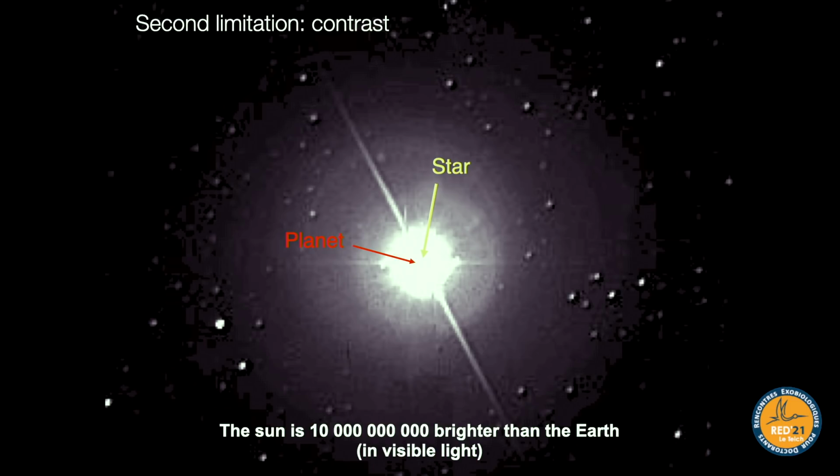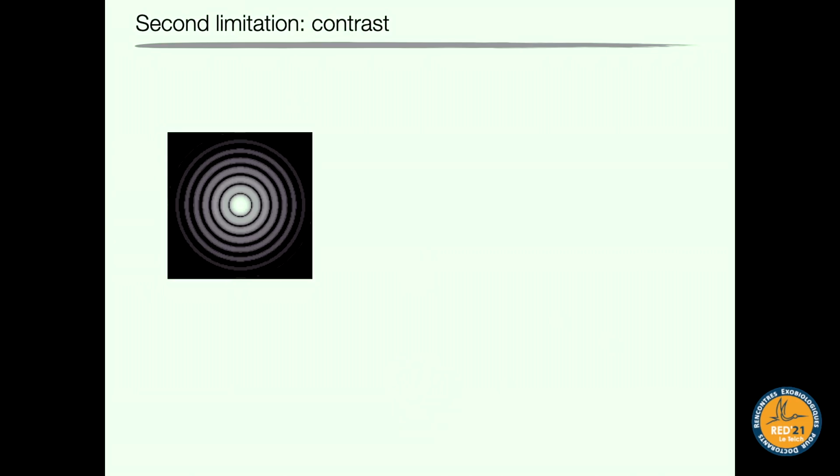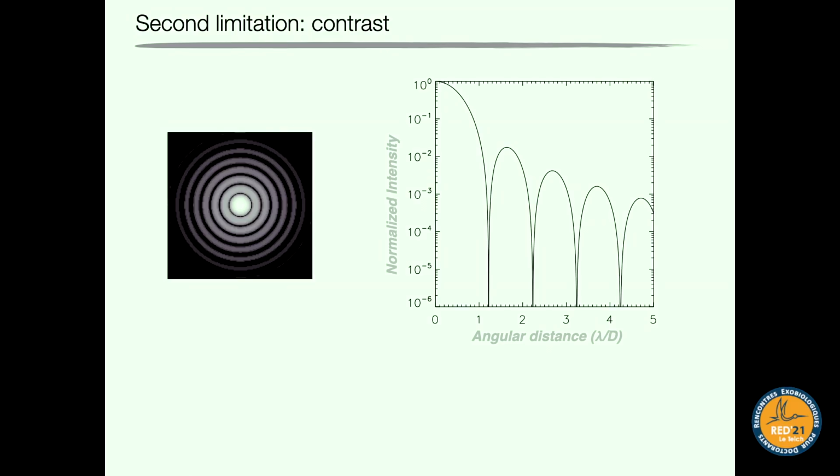And you see that the problem is that the star is so much brighter than the planet that the planet, even if it's far away enough, is going to be drowned in the diffraction light from the star. And the problem is here because if you try again to look at this Airy pattern, but you show, for example, what is the intensity of this light as a function of the distance at which you look from the star, you see that you have this pattern.